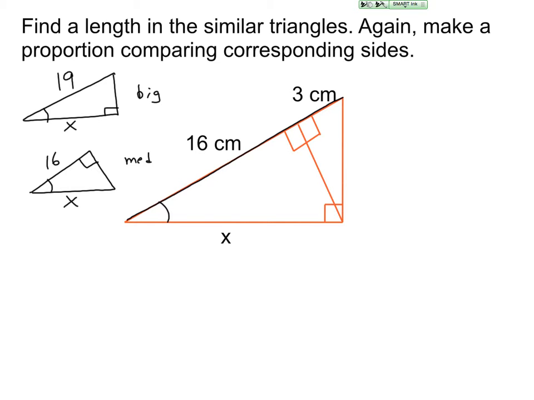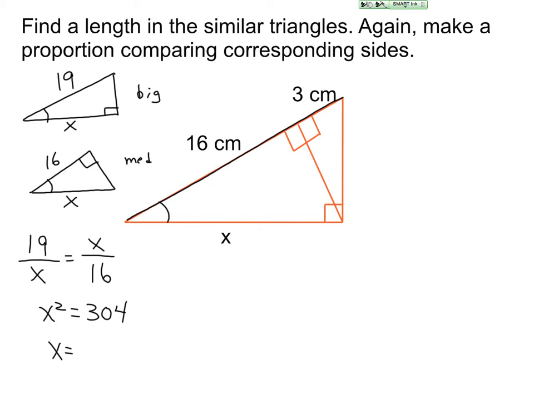The hypotenuse of the big one compared to the hypotenuse of the medium, x. That leg of the big triangle compared to the matching leg of the medium triangle. What's 19 times 16? 304. Have to do the square root of that.